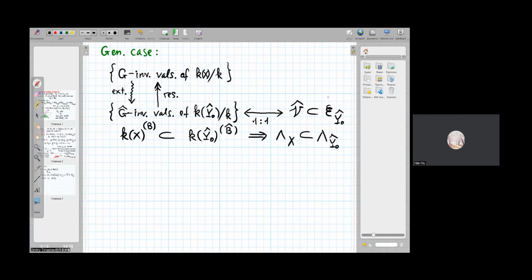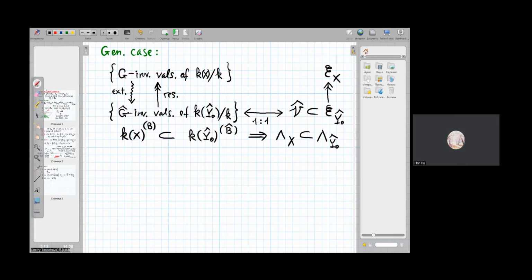And for the dual vector spaces, the spaces of linear functions on these lattices, we have a surjection map from this vector space to this vector space. This map is just given by restriction to the smaller lattice. And on the level of valuations, this corresponds to the restriction of valuations from this multiplicative group of semi-invariant functions to this one. When you restrict a G-hat invariant valuation, that is a valuation sitting in this cone, you get a G-invariant valuation.